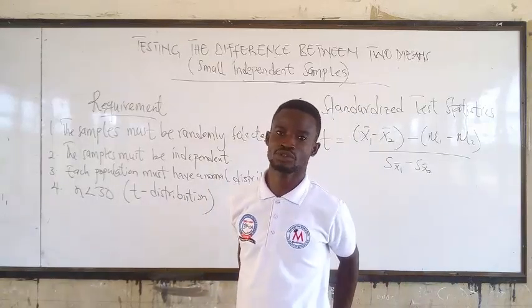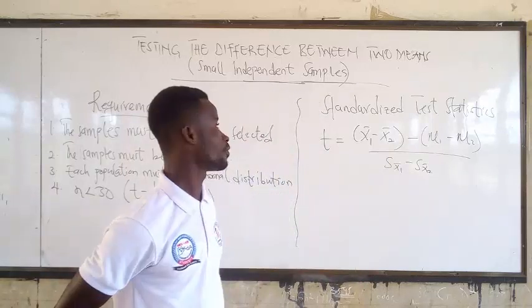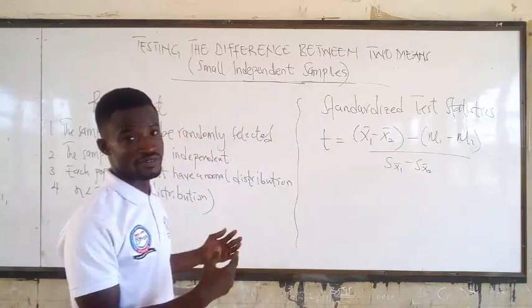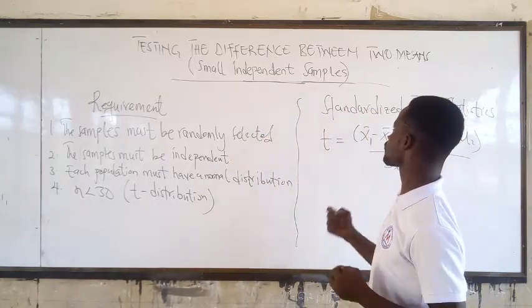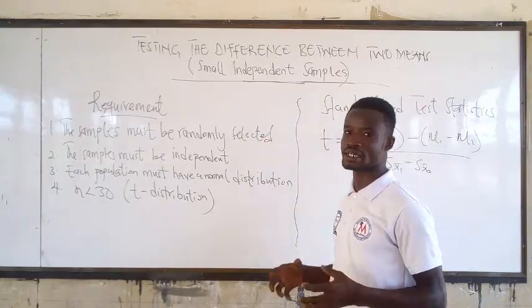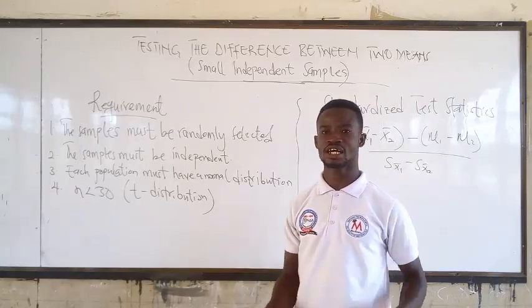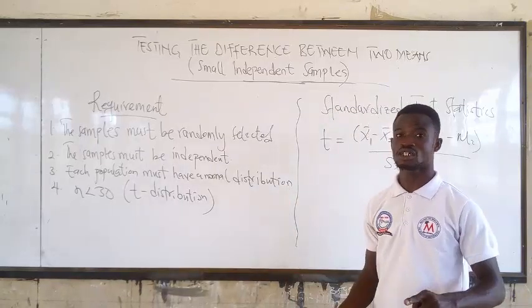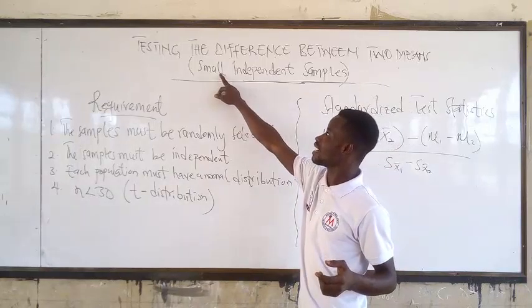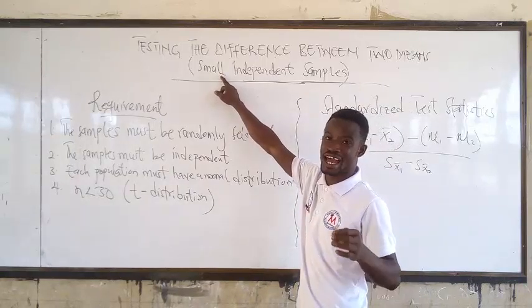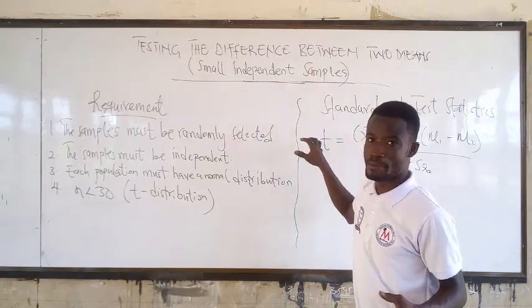We are still journeying through Statistics 2, and in the previous video we looked at how to test the difference between two means. But if you check well, the previous video was dealing with when we have a large independent sample.